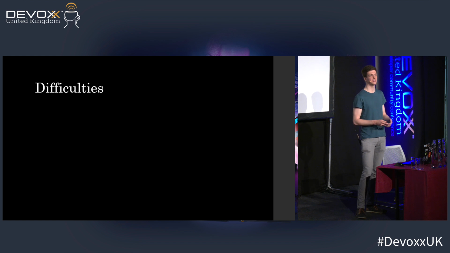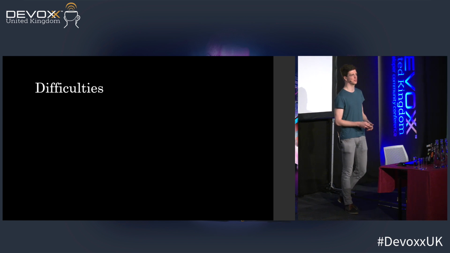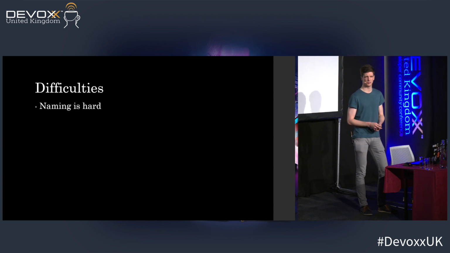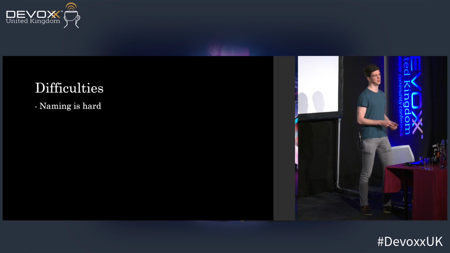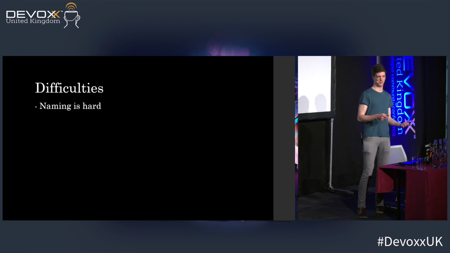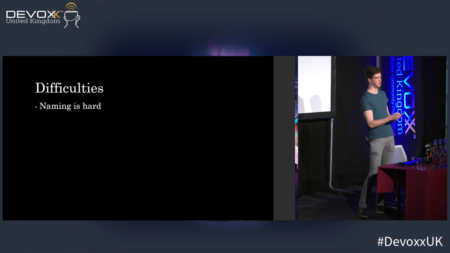There are a few difficulties that come with using reactive streams, and I wanted you to know about those. Naming is very hard, and especially for me in Spring WebFlux, because you're dealing with publishers and subscribers and processors. And in WebFlux, they're called fluxes and monos and unicast processors.